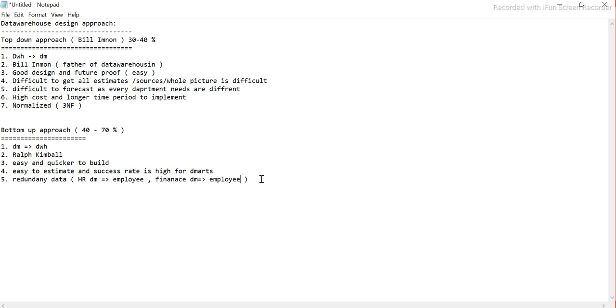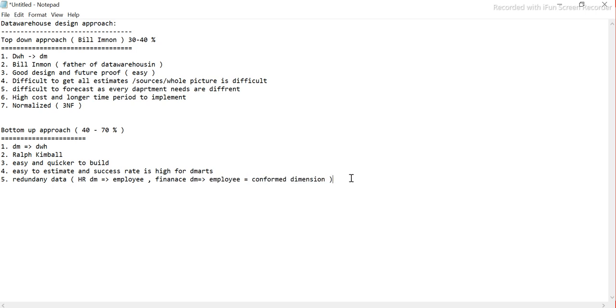This kind of dimension table, which is used across two or more data marts, is called a confirmed dimension, guys. This is one of the questions you should keep in mind, because the interviewer might ask what a confirmed dimension is. So when a particular dimension is used across two or more data marts and can be shared across multiple fact tables, that dimension is called a confirmed dimension.